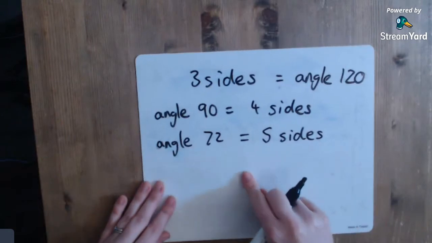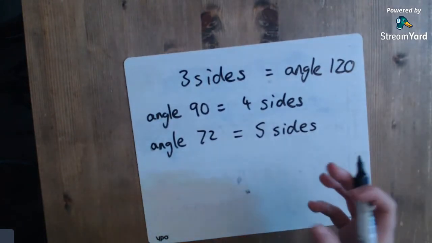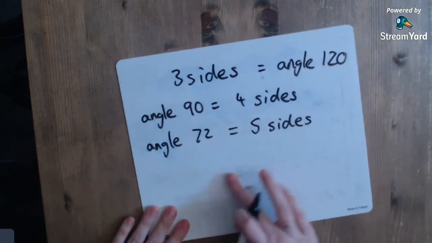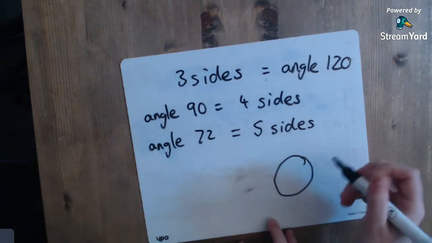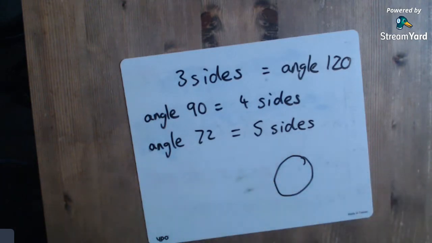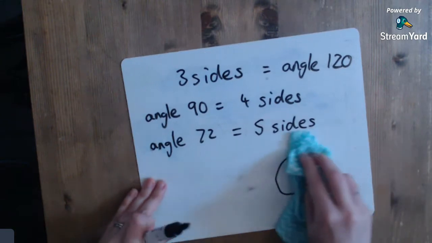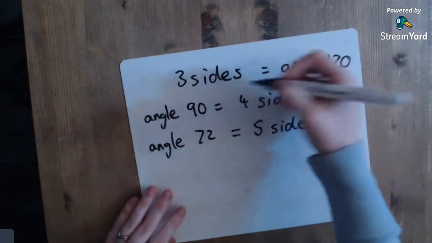So how did we get 360 from this? Well, there's 2 ways of knowing this. You could just go, well, 360 is a circle, and that's how many degrees you have in a circle. Or you could calculate it a different way.